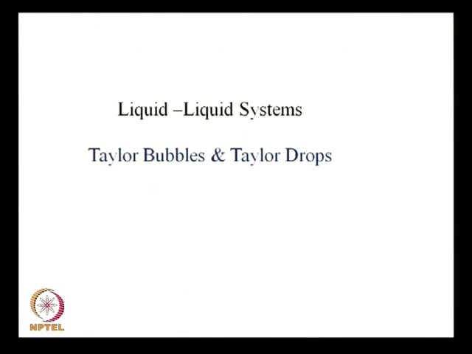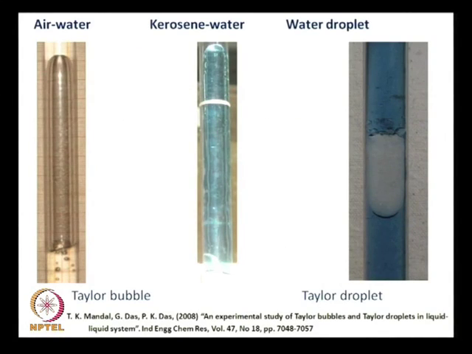But if we take a more or less narrow pipe, say less than half an inch, we found that in that case also, the lighter liquid rises up as a Taylor bubble in the heavier liquid, as we have shown in this particular case. It is a kerosene bubble rising in water.